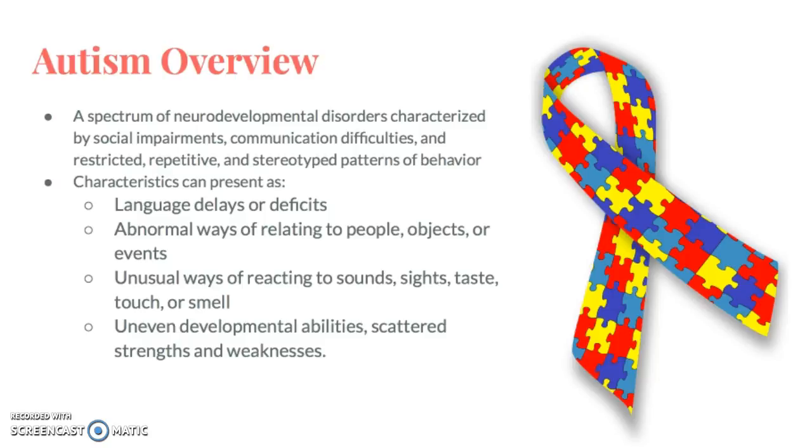Some characteristics are language delays or deficits, abnormal ways of relating to people, objects, or events, unusual ways of reacting to sounds, sights, taste, touch, or smell, and uneven developmental abilities. So they'll have scattered strengths and weaknesses.